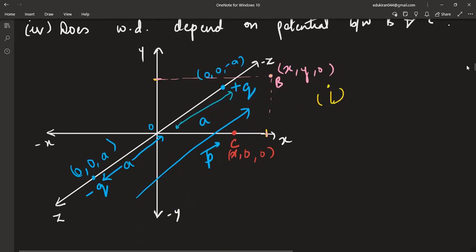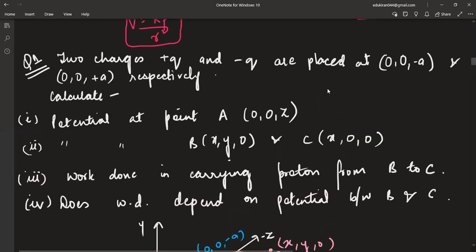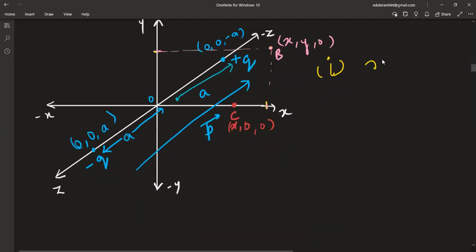See, understand this, class. First, we have to identify the point. When it is saying 0, 0, z, this is your x coordinate, this is your y coordinate, this is your z coordinate. It means the separation is equal to z. Here your r is equal to z. It means this is lying on the axis somewhere here.